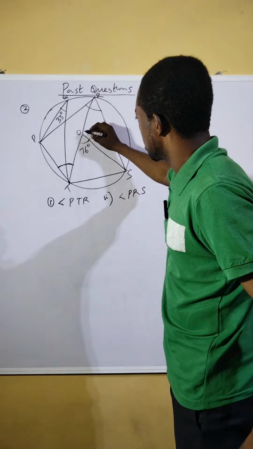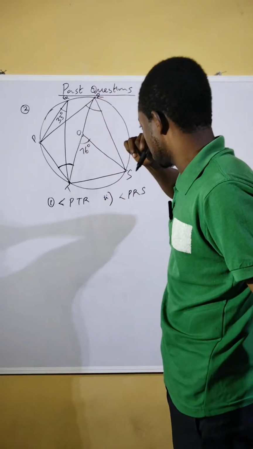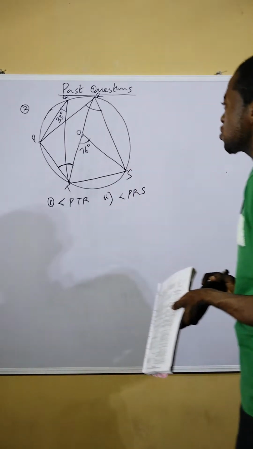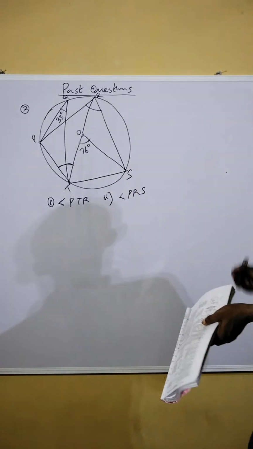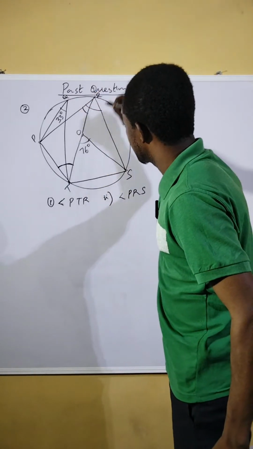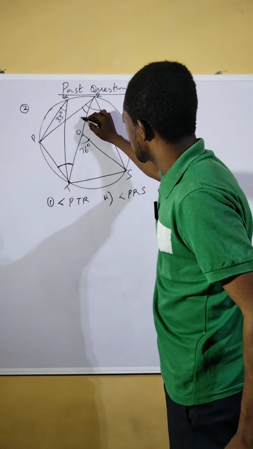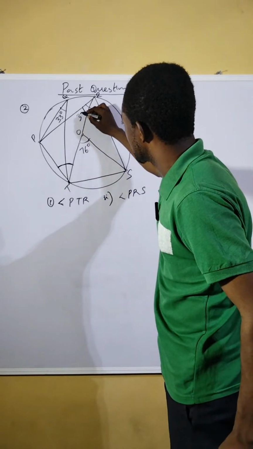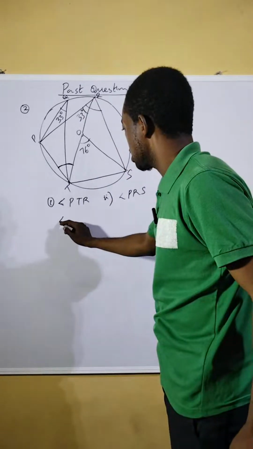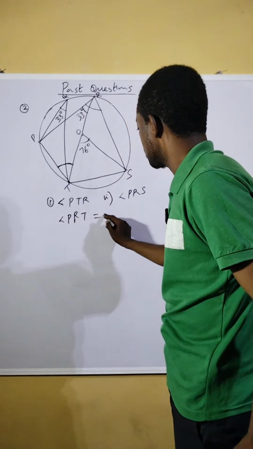We should note that this line TR is a diameter. Okay? Now, one thing we're supposed to write out first, we can get the value of this angle, which is angle PRT. And this angle will be 33 degrees. So I can say angle PRT is equal to 33 degrees.